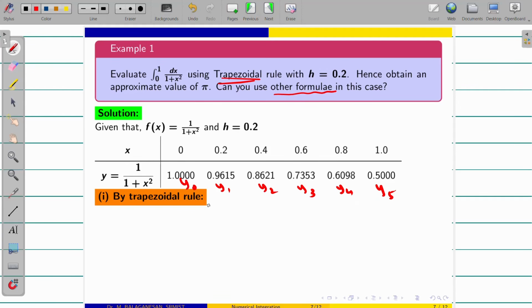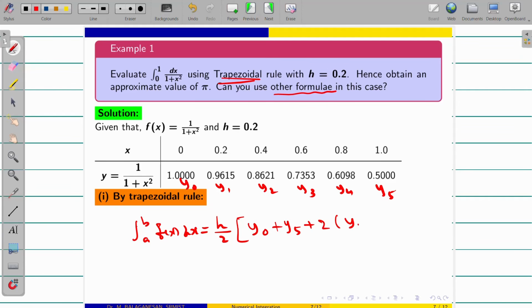Right. Now, according to the trapezoidal rule, integral a to b f of x dx. Could you remember the clue I have given? H by 2. Most of you will make a mistake here. H by 2 it should be. First value is y0, last value is y5, plus twice the rest of the values.